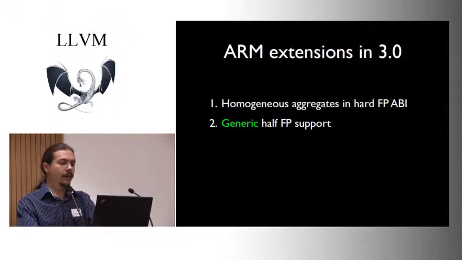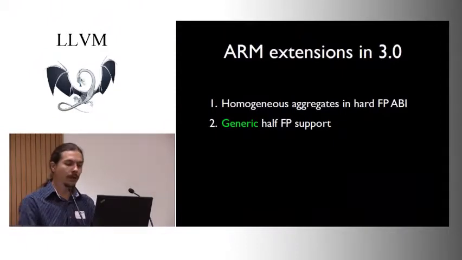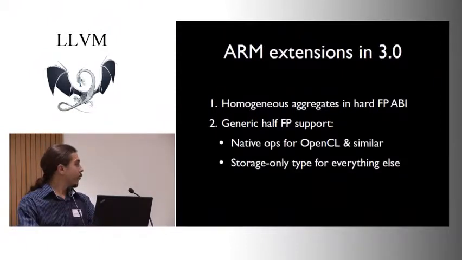The next thing is the generic half floating point support inside Clang. So what does generic mean here? As you might know, half floating point occurs in two cases. One case is as a storage-only type, for example, for ARM Neon. Another one is as the native type for OpenCL and so on. So the support inside Clang will be generic.